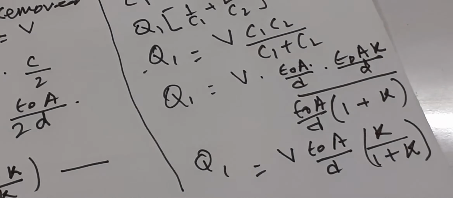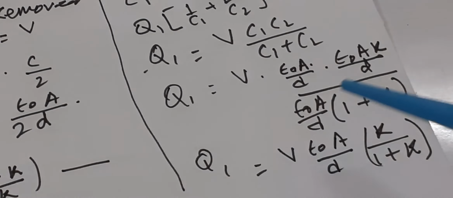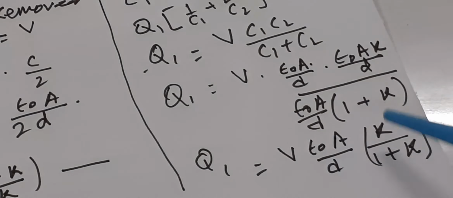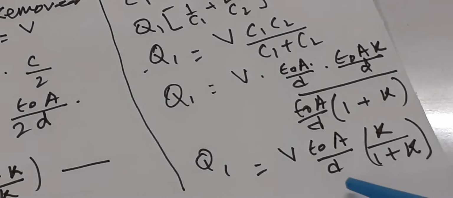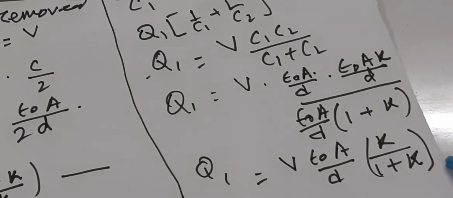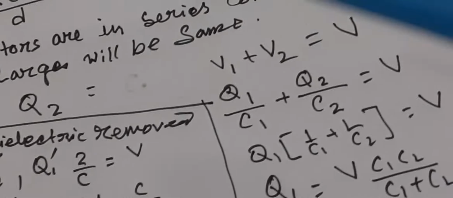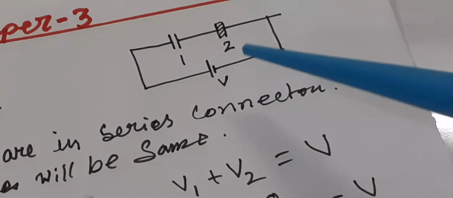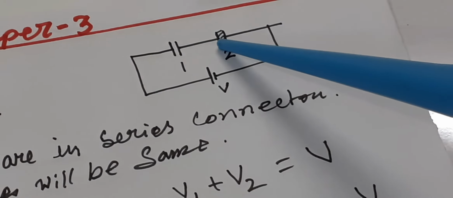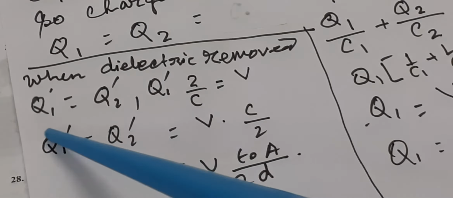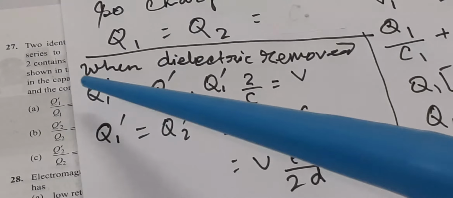That is the point. Q1 is V epsilon naught capital A divided by small d within bracket capital K divided by 1 plus capital K. That is the relation when the dielectric is present. When the dielectric is removed, the relation will be of the same type, Q1 dash equal to Q2 dash.